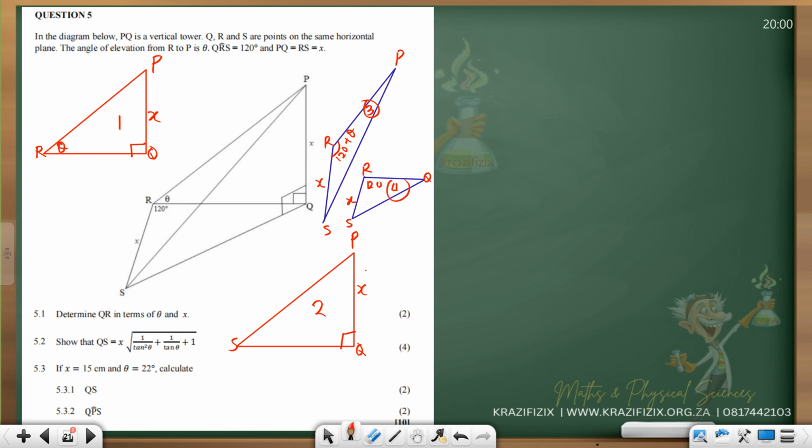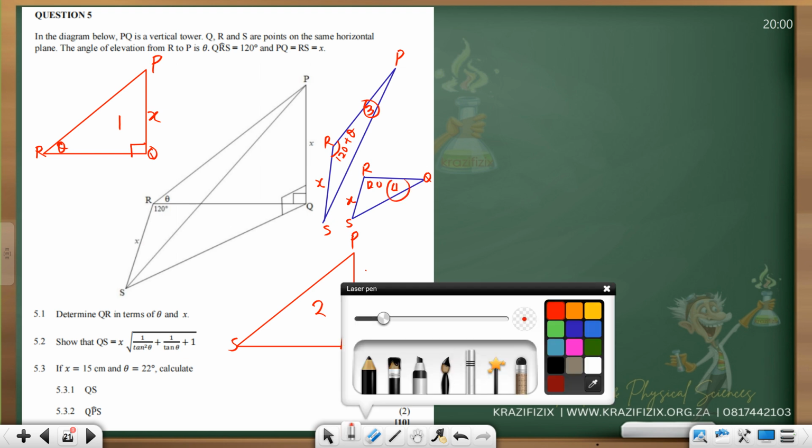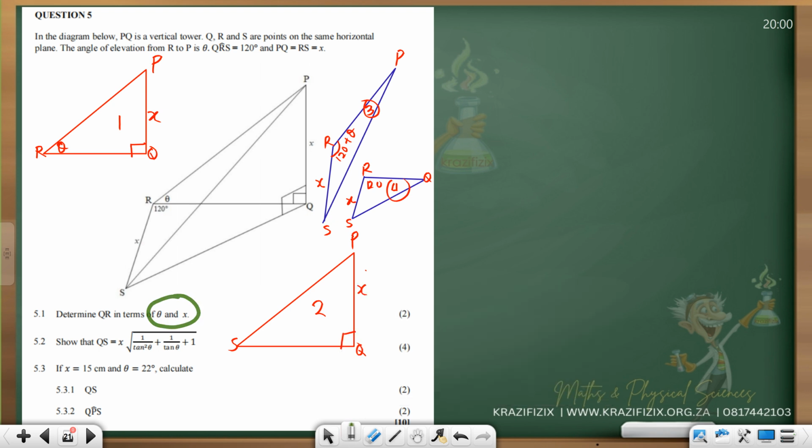All right, number 1. Determine QR. We're looking for QR in terms of what? Which triangle? Look, I want QR in terms of theta. Do you notice I have that already? So if I'm considering this, what is this? Opposite.